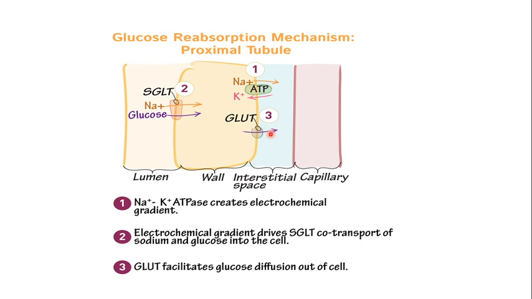This movement is carried out by another protein known as GLUT, the glucose transporter. So as you can see over here, two things are moving. One is moving along its concentration gradient, the other is moving down its concentration gradient. So this will be an example of the antiport.